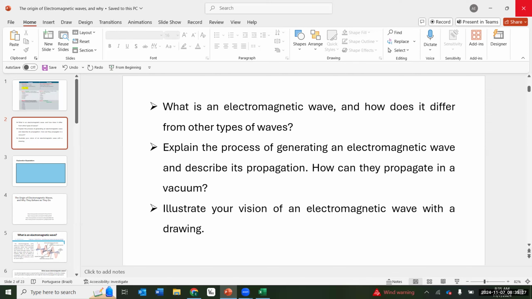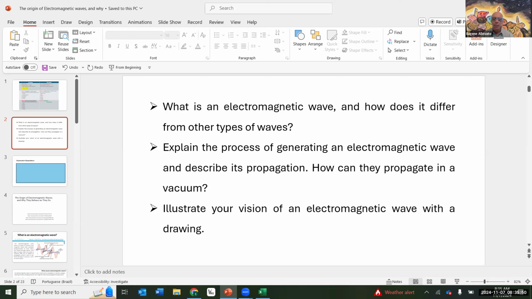It doesn't need something like air or water like the other waves. The other difference is electromagnetic wave is made of two parts, electric field and magnetic field, both. Yes.